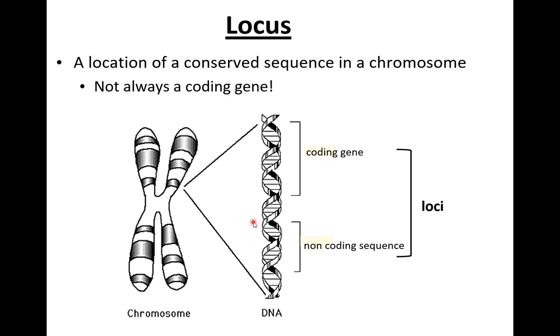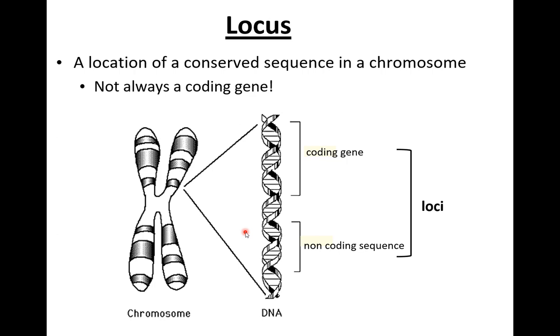These sequences are preserved as well as the coding genes, and they can exist in different forms. This sequence is present in any chromosome. I take my DNA, your DNA, you will still find this sequence conserved. It might have some variation, again, different alleles, just like coding genes, even though these are non-coding.